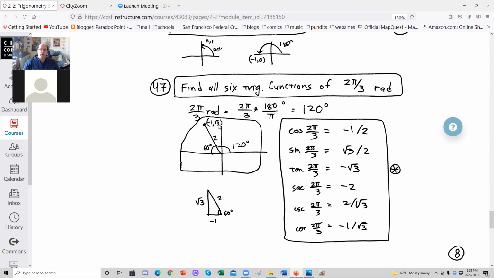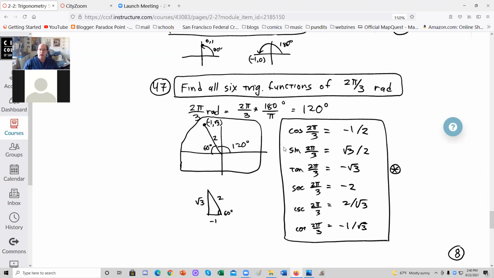And now we'll just use the definition of trig functions from the point in the plane. Cosine is x over r, -1 over 2. Sine is y over r, root 3 over 2. Tangent is y over x, root 3 over -1, which is minus root 3. Secant is the reciprocal of cosine, so the reciprocal of -1/2 is -2.